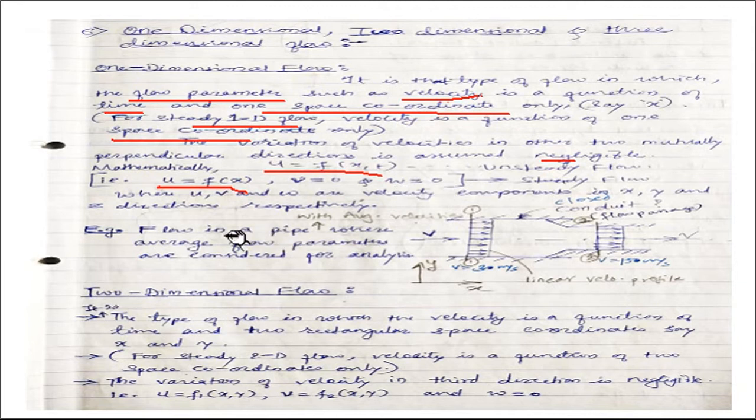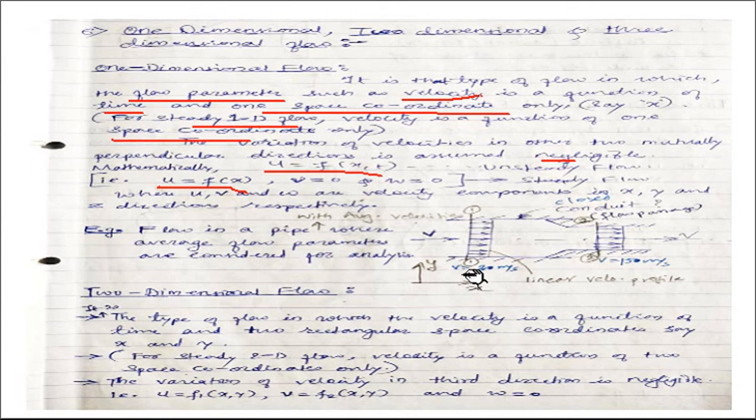What is an example of 1D flow? The example can be the flow in a pipe with average velocities, with average flow parameters. You can consider this as a channel through which a certain fluid is flowing with some velocity capital V. Let us say we have a coordinate system x and y, and two sections, section 1-1 and section 2-2, along the x direction.